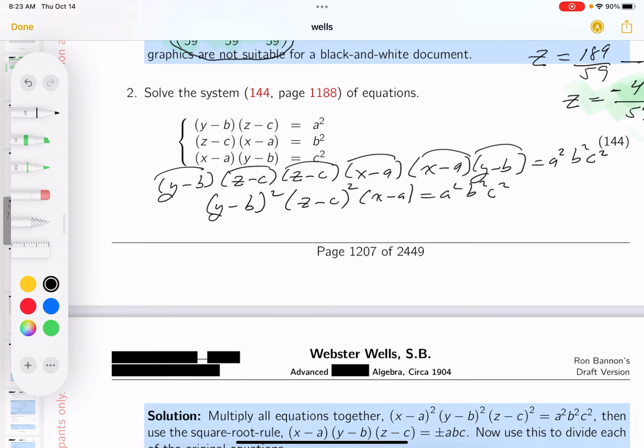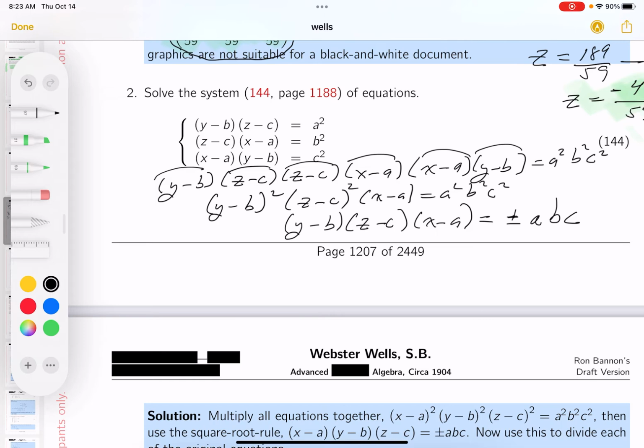I'm going to use the square root rule. And what do you get? And again, it may go nowhere. And that would be plus or minus abc. Does that help? I think it does.